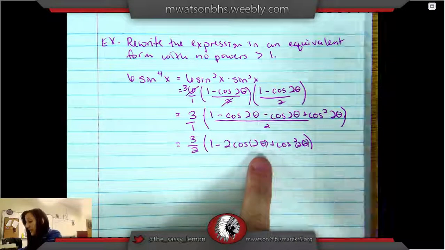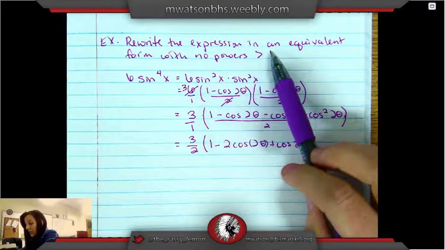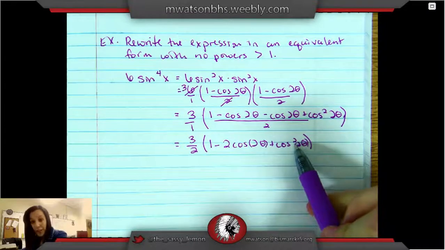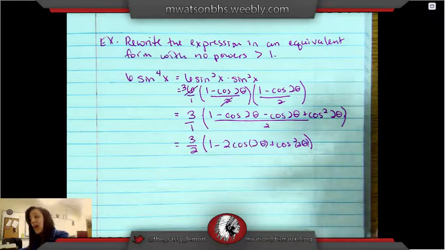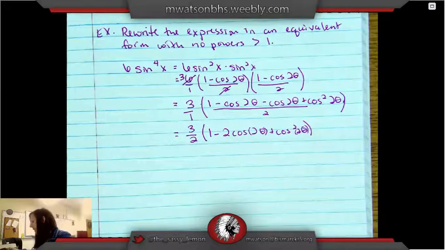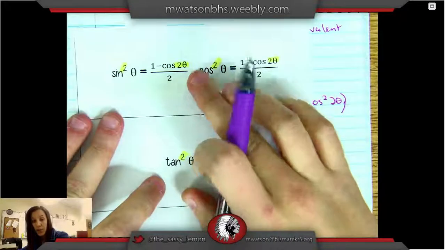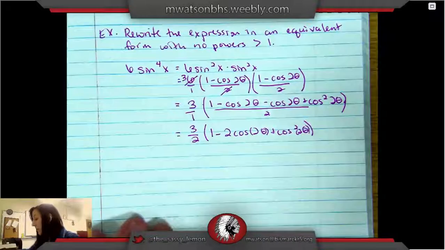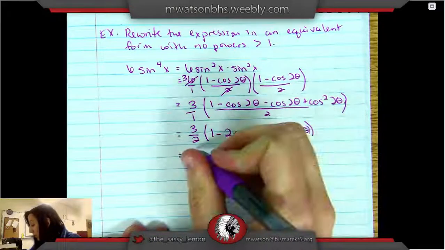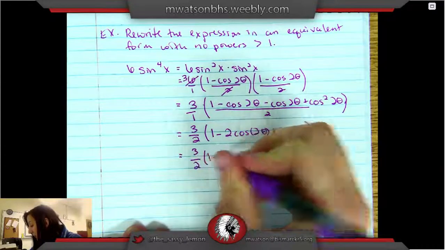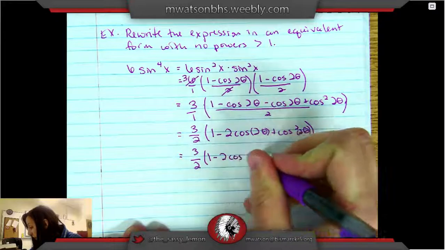Now, unfortunately, this says rewrite the expression with no powers greater than 1, and right here we actually have a power that's greater than 1, so we have to apply yet another power reducing formula. This time we're going to do the one for cosine. So this is going to be equal to, so we're kind of doing a problem within a problem, 3 halves times 1 minus 2 cosine of 2 theta.